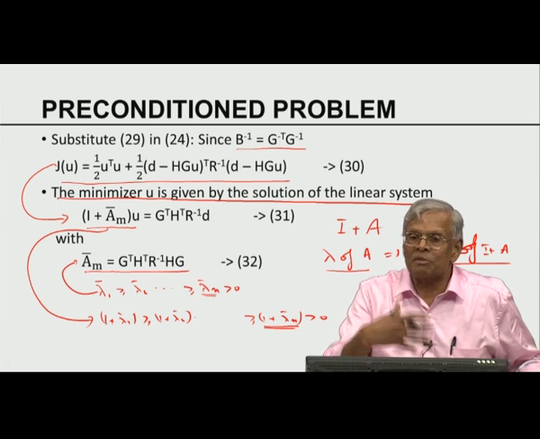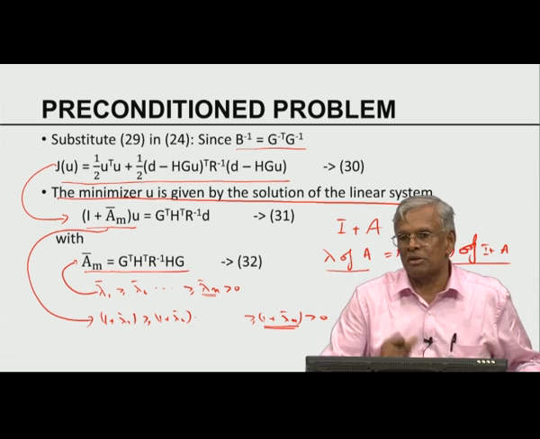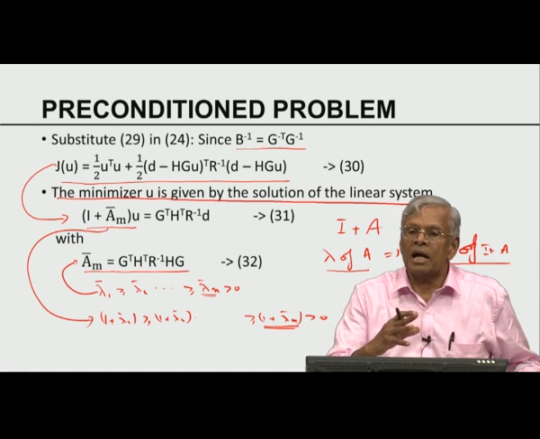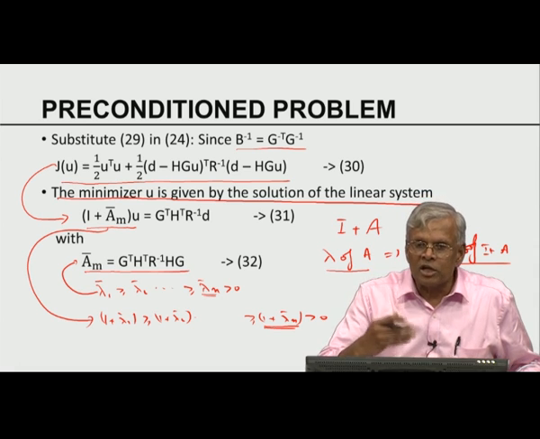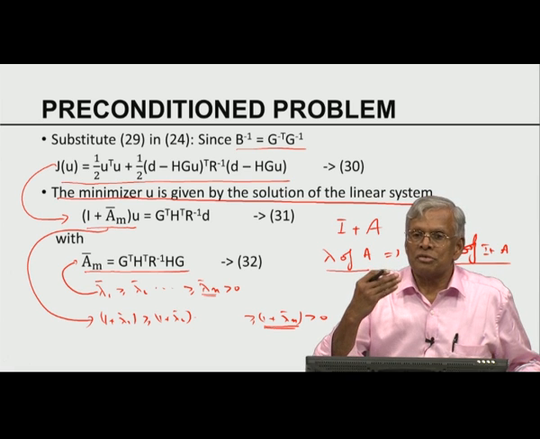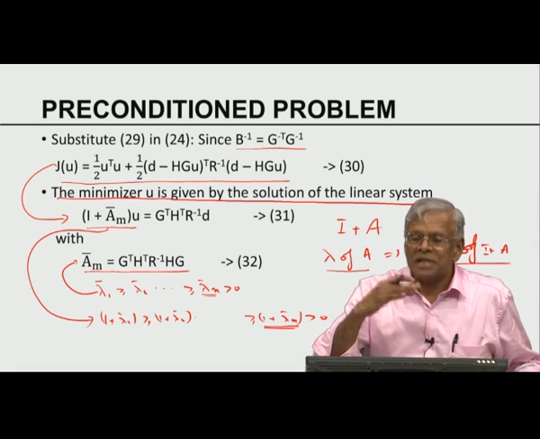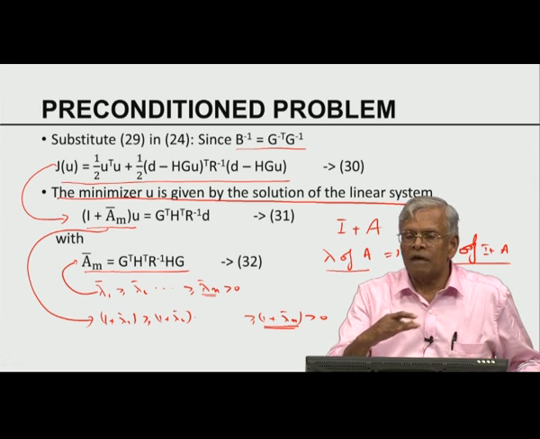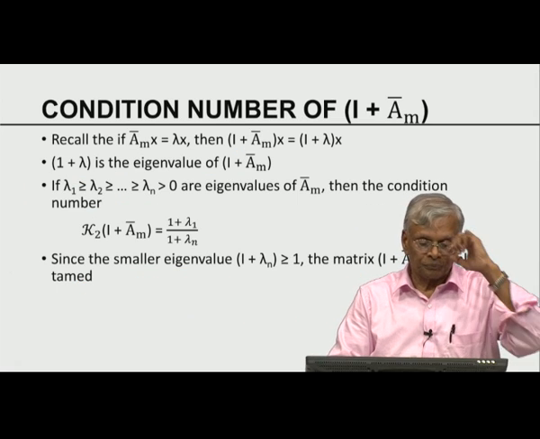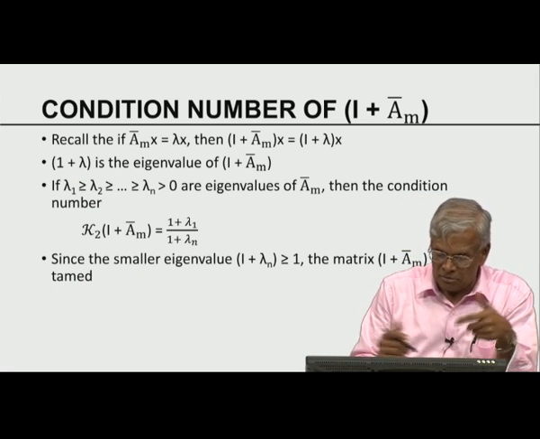So such transformations are called preconditioning methods. Preconditioning methods have been known for a long time, essentially motivated by the need to tame the instabilities that may arise because of a large condition number, the ill conditioned cases. So I have already talked about all this.